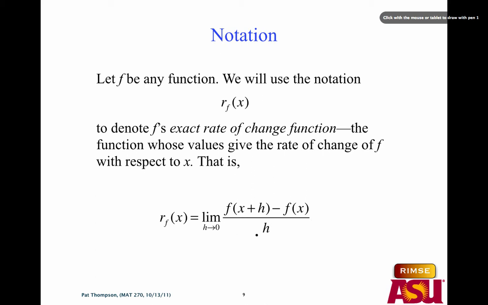So once again, this quotient gives you the average rate of change of your function over small intervals of h, and then we're letting those intervals get teeny tiny to make this approximate average rate of change, which is an approximation to our function f, be essentially equal to the exact rate of change function.